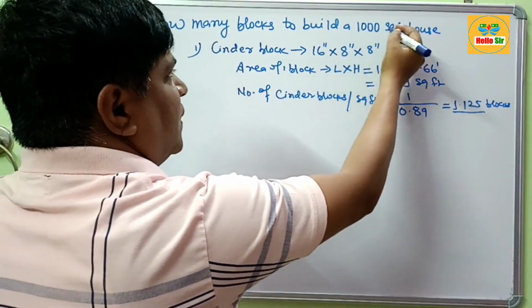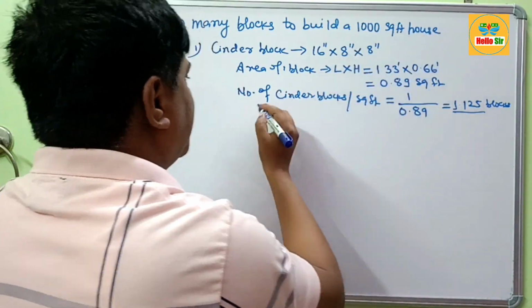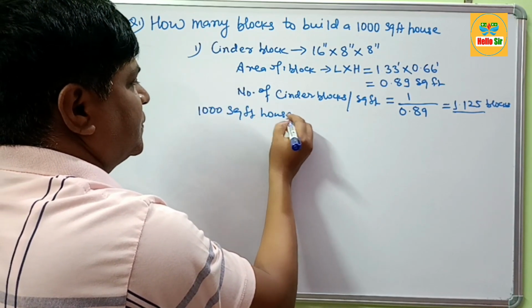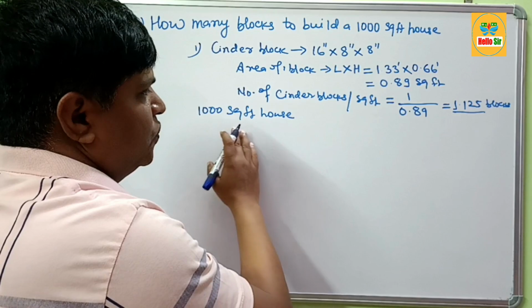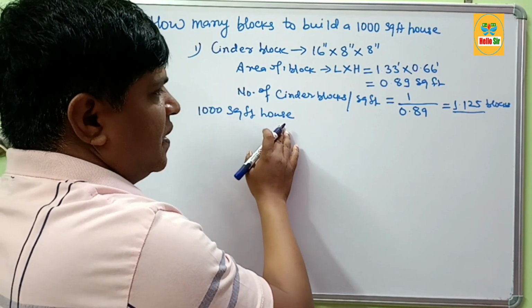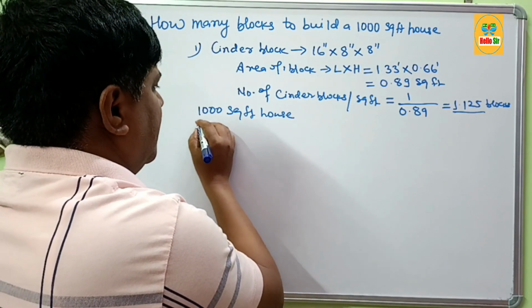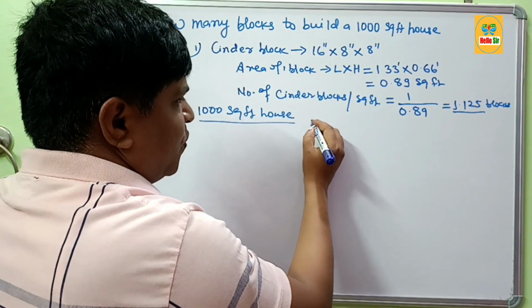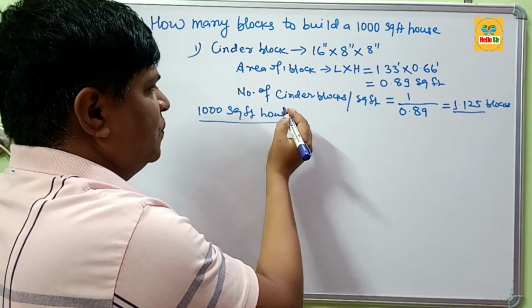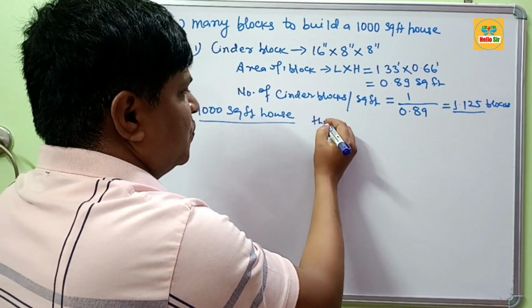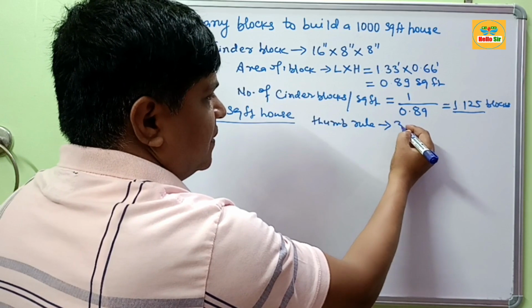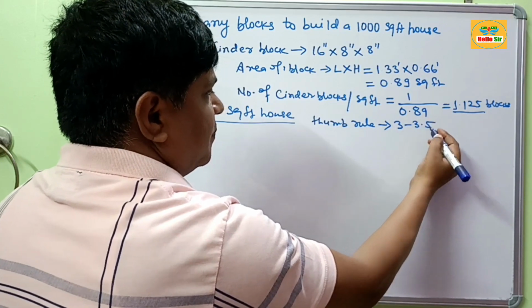And for your 1000 square foot house, it is divided into rooms. You don't know how many rooms and what the total area of their walls is. But on average, approximately, if you want to know the total area of walls of a 1000 square foot house, you take a thumb rule. You can multiply by 3 to 3.5.